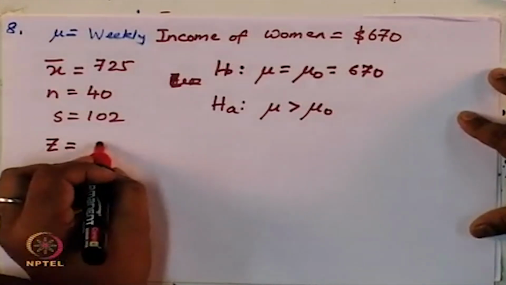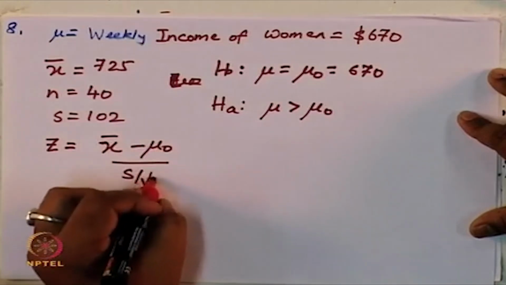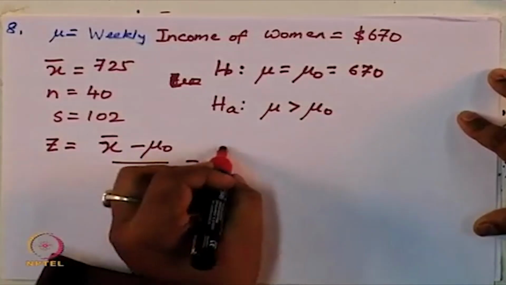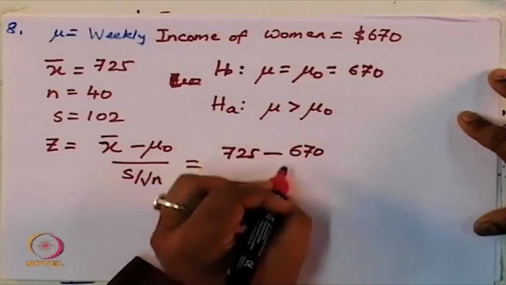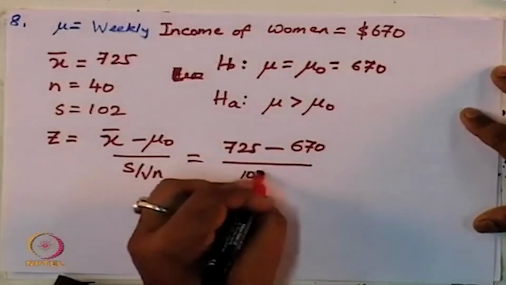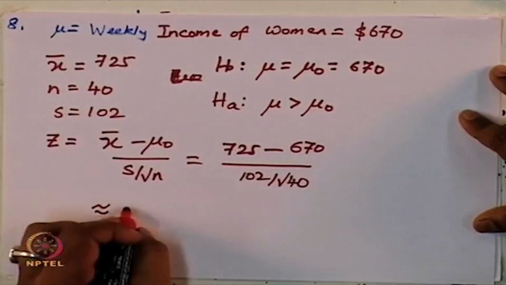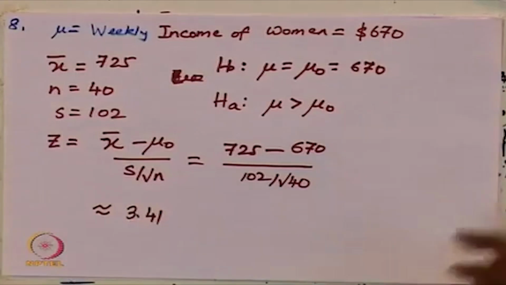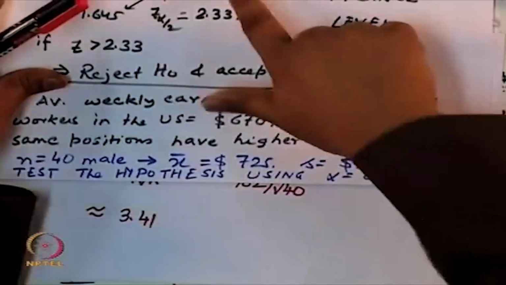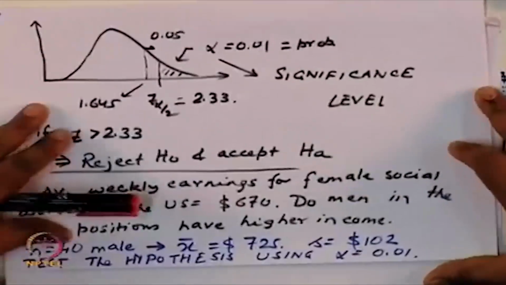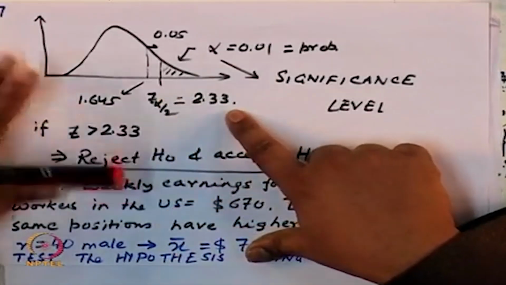So, I can find Z equal to X bar minus mu naught by S by root of n, which is 725 minus 670 by 102 by root of 40. The value of Z comes out to be roughly 3.41. Now, for a significance level of alpha 0.01, I have Z alpha by 2 equal to 2.33.